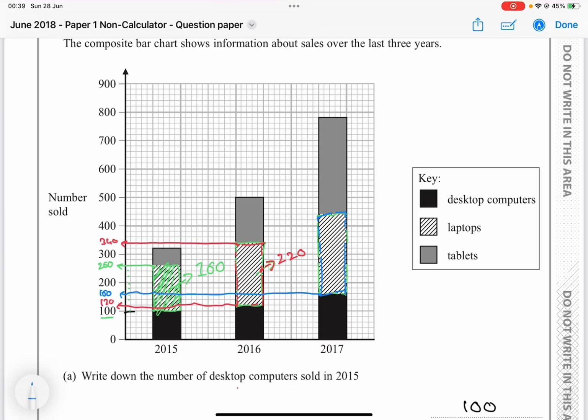And it stops at, just take that over, to 440. So you do 440 minus 160, which is 280. So we have 160, 220 and 280.